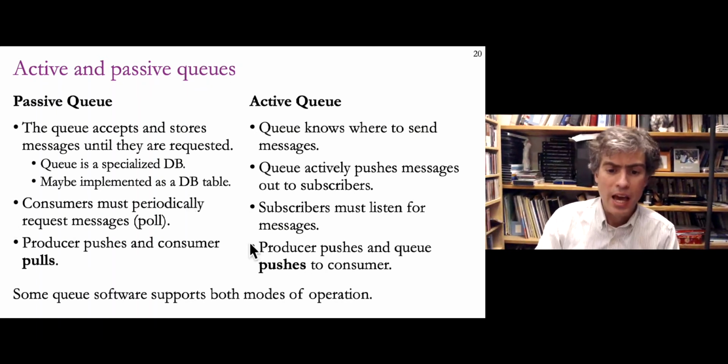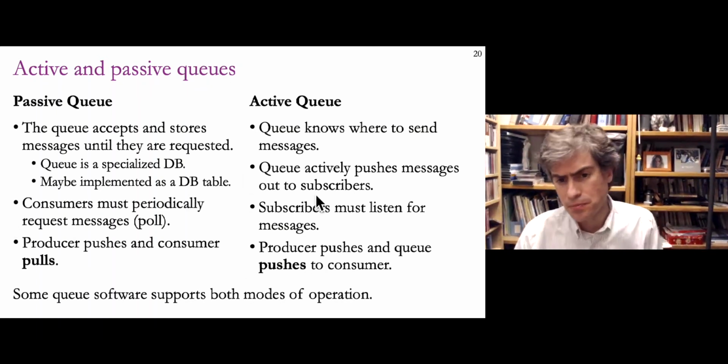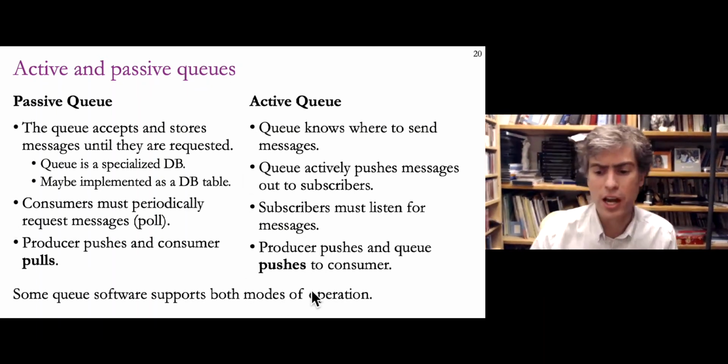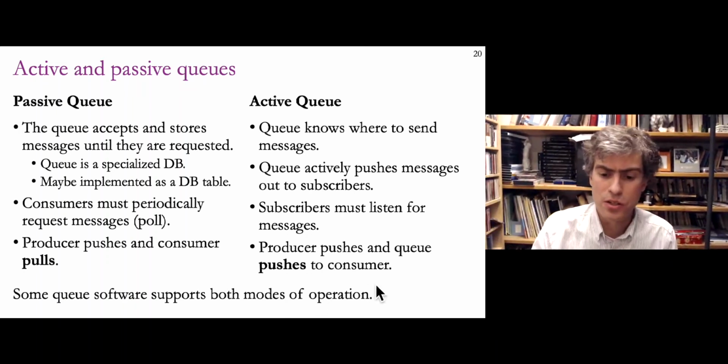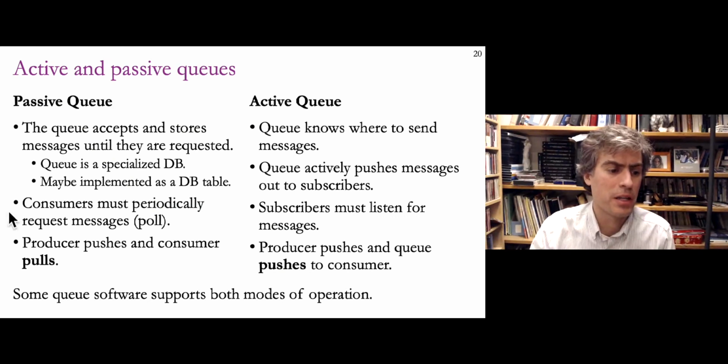asking for messages. An active queue is a little different because it actually will push out messages to consumers. So in this case, you have to actually configure the queue to know where to send the messages, and the queue will actually push messages out to the subscribers. The subscribers have to listen. So it's a little bit of a different design. Okay, by default, I would think mainly about passive queues because those are simpler to reason about.